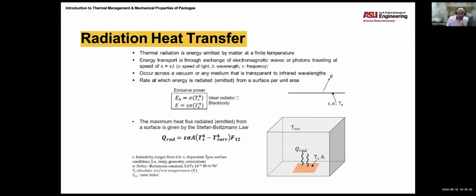Okay, so again, the different means by which we can remove heat are conduction, convection, and radiation. We know the heat transfer mode for each one. And as long as we have a system that is designed properly, moving forward we'll be able to describe the thermal resistance in 1D.